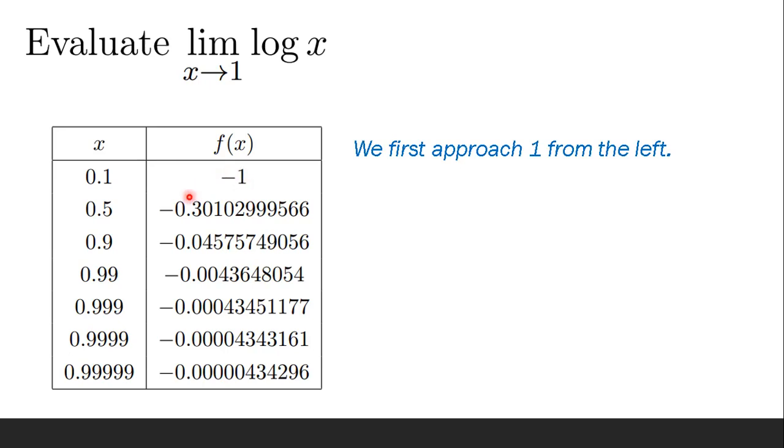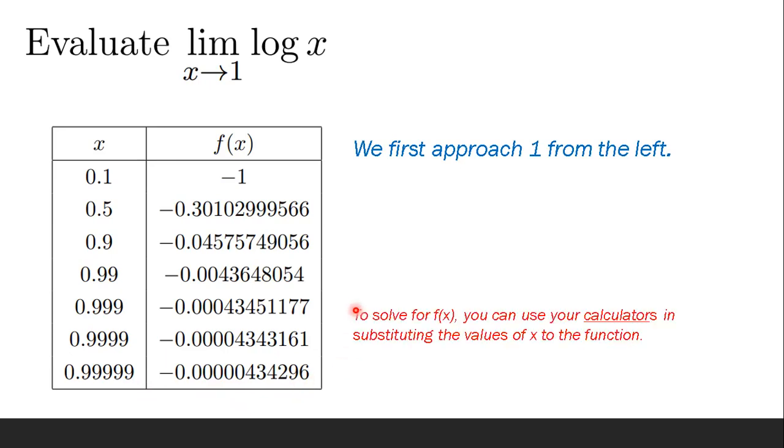Same goes with the values of our x's here. 0.5, you will get this. 0.9, you will get this value, and so on. For 0.99999 as the value of x, our f of x is -0.000434296.